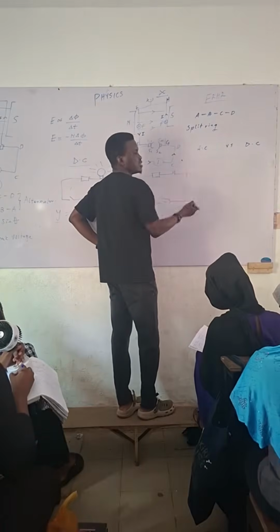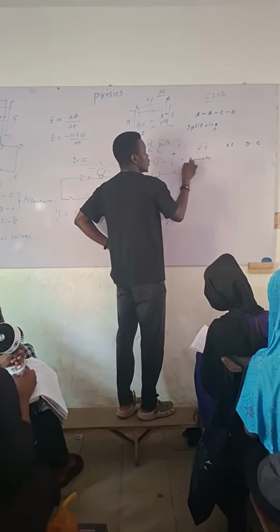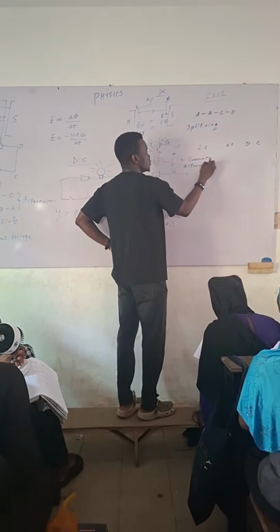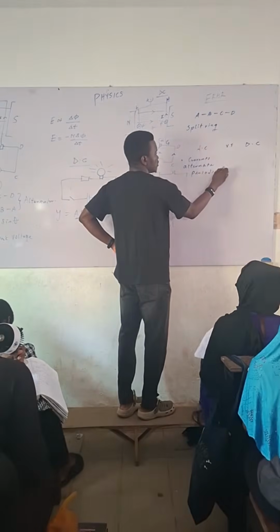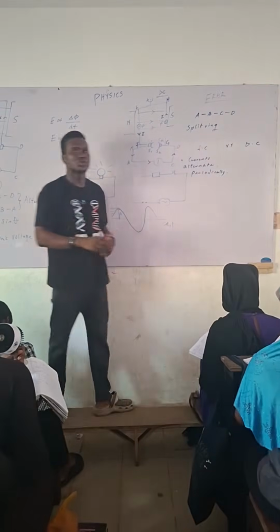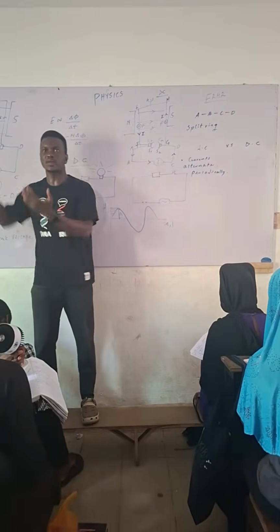So for an AC, current alternates periodically. So that means for a given time, the current keeps changing with time.